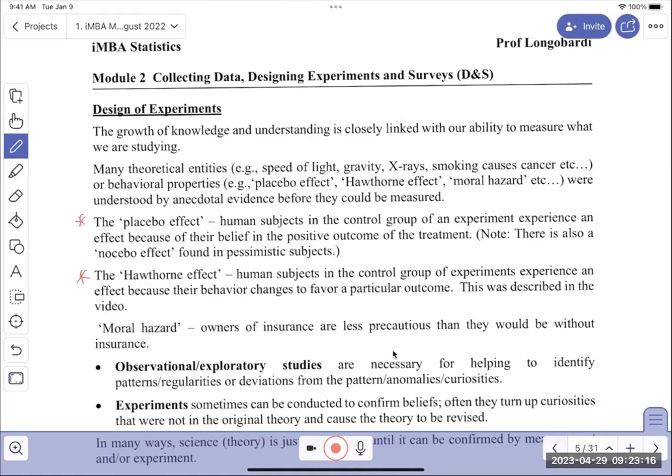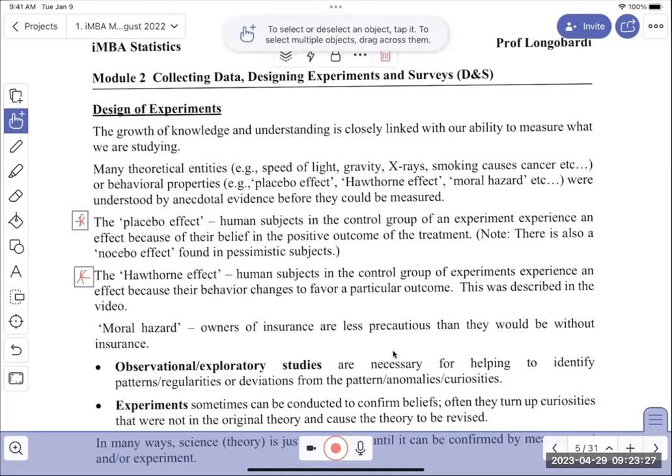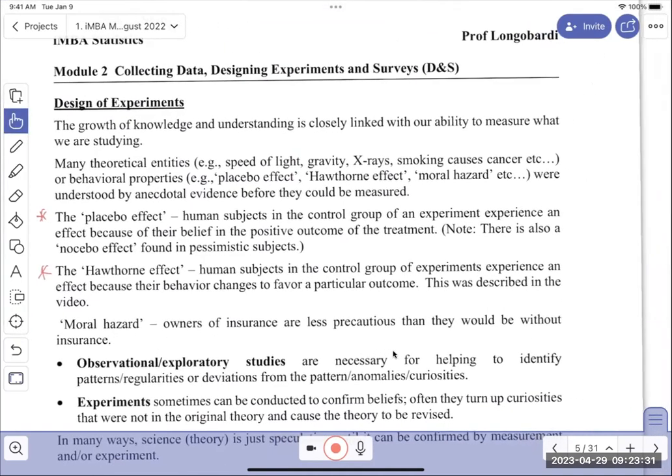So what we do is we create two groups of participants, and you randomize between those two groups. We'll talk about randomization shortly. So this is for the treatment group.